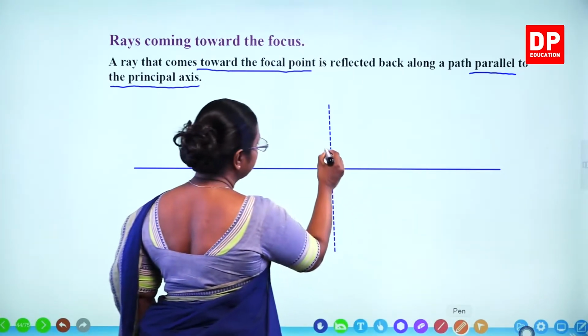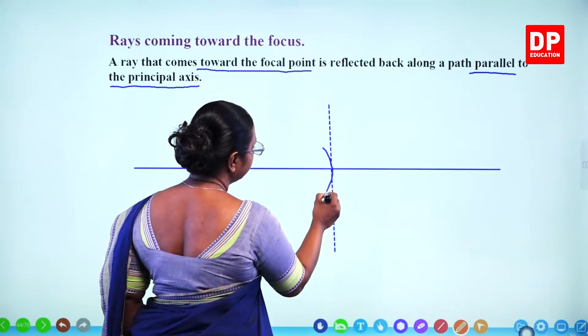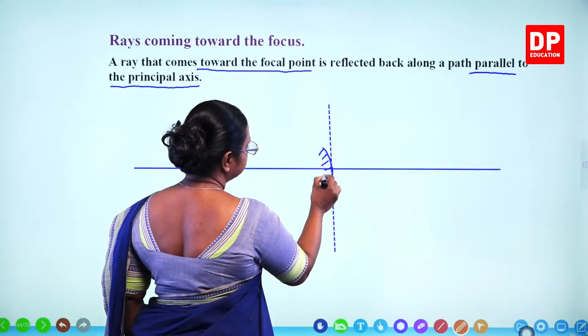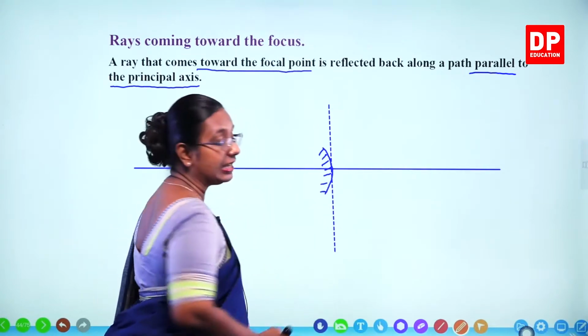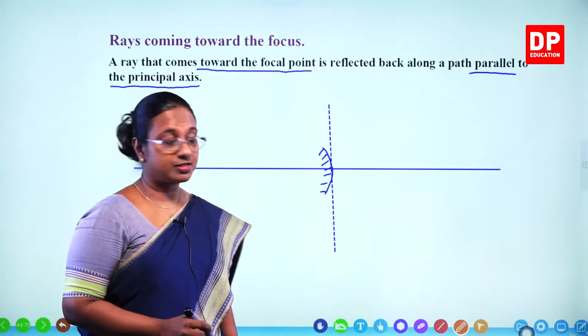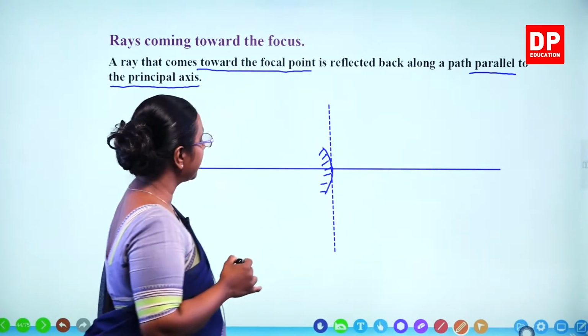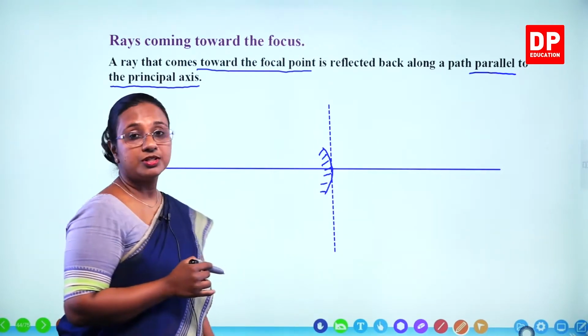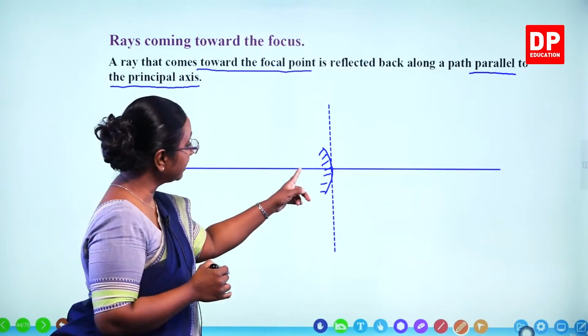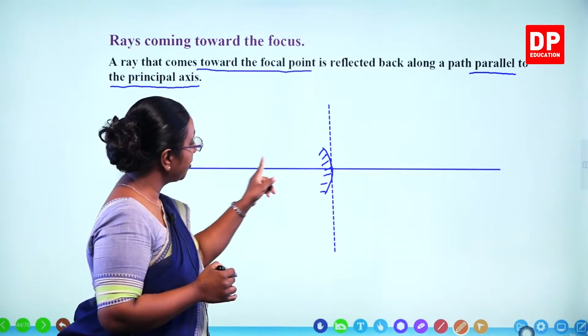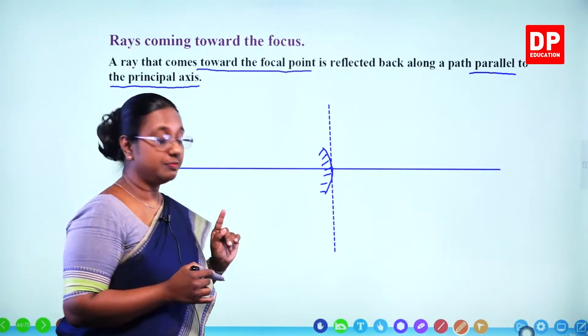So, here the mirror is a convex mirror, and this broken line indicates the convex mirror, and the rays are going to come from this side. So, I will draw the focal point here. Why here? The focal point is inside the mirror.